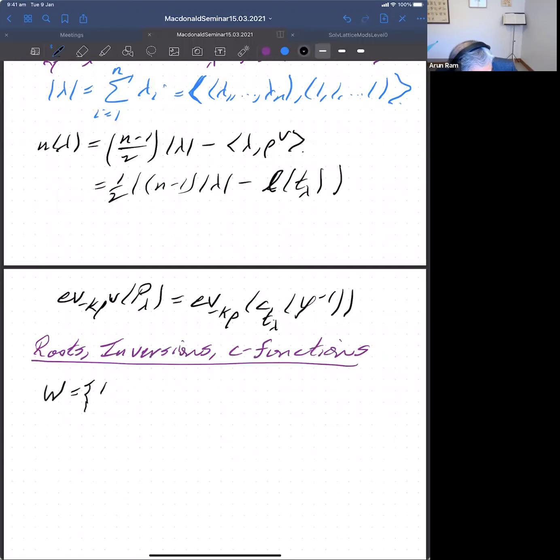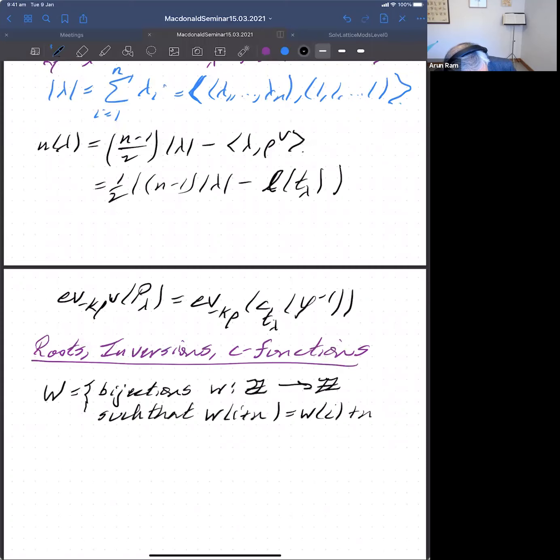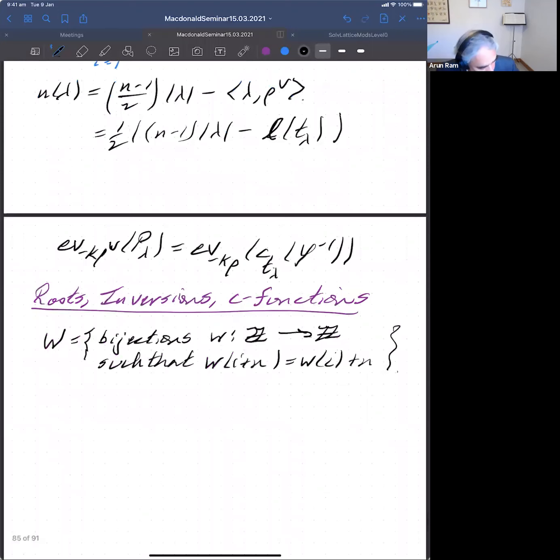The affine Weyl group for GLN is bijections w from Z to Z such that they're periodic. So these are called n-periodic permutations, and n-periodic permutations are the affine Weyl group for type GLN.